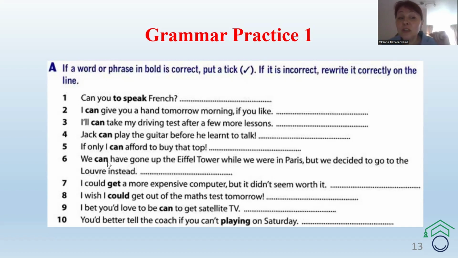That's why we should replace can with could. We could have gone up the Eiffel Tower. When we say we were able to, we highlight our physical ability, and here we speak about just the ability, the possibility. It's better to use could here.